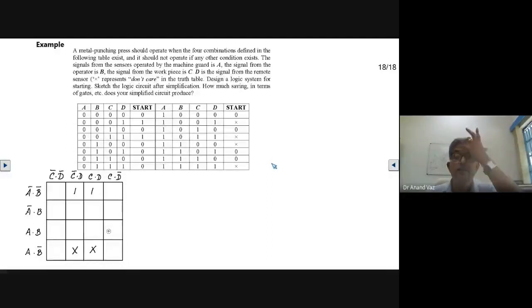And then we have done this, we have done this. We have also done this and this. So now we have to do this, A and B, not C and not D. That is here. Okay.